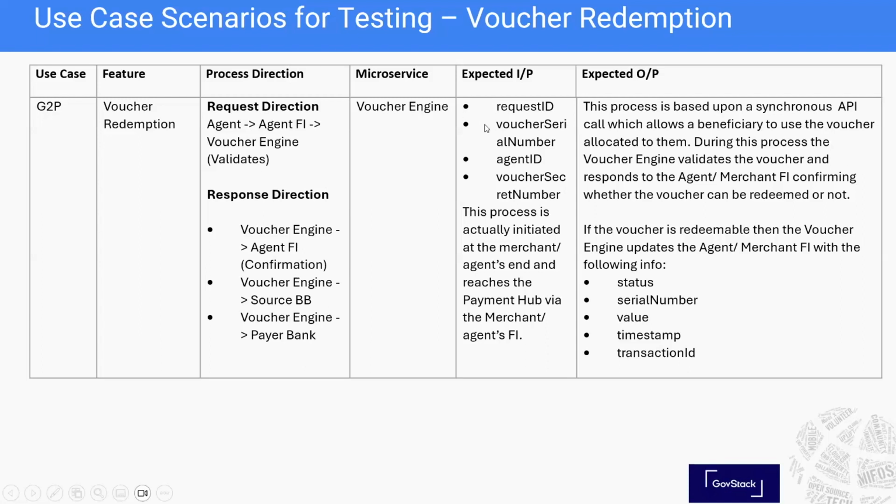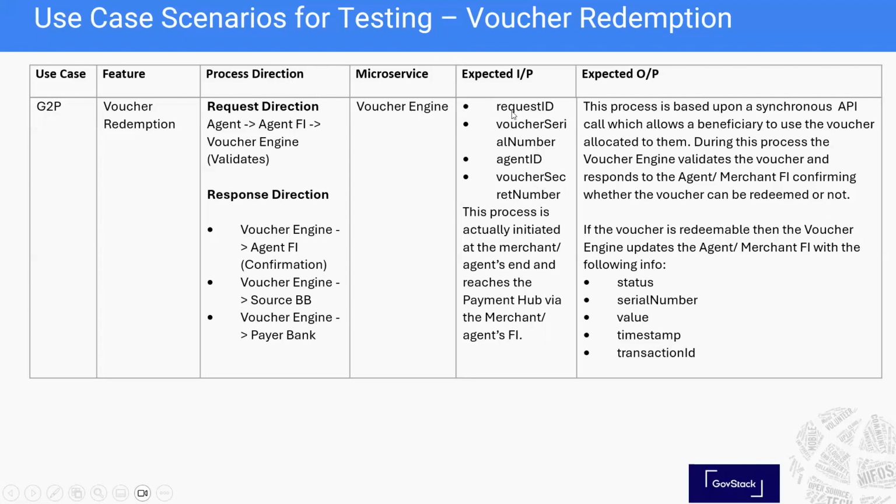And finally, because we want to ensure that proper secrecy is maintained and a valid, authentic voucher is coming in, there is a second number, the voucher secret number, that only the customer has, and they provide it to the agent.